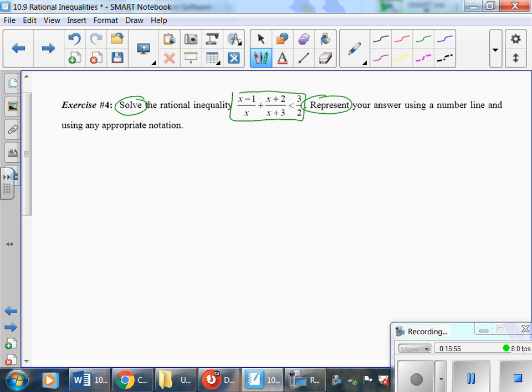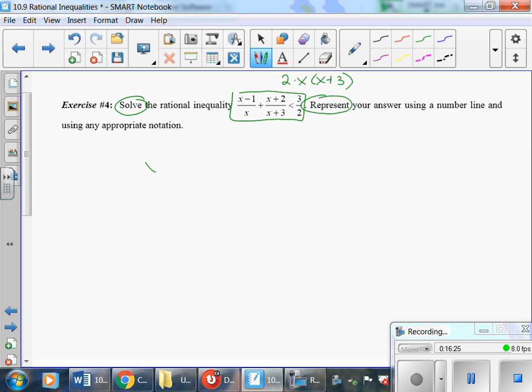So this we're going to work on just the same way we did with equations. So we're going to find that common denominator. We're going to use the LCD approach, the least common denominator. So when I look here, I know my common denominator is going to be x times 2 times x plus 3, because I need all of those to be part of my denominator. So we're doing that so we're getting rid of the fraction. So let's see if we can make sense of this.